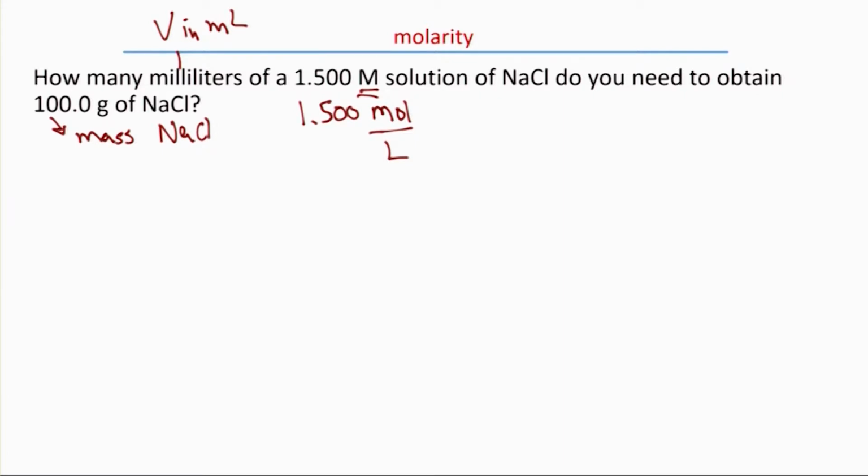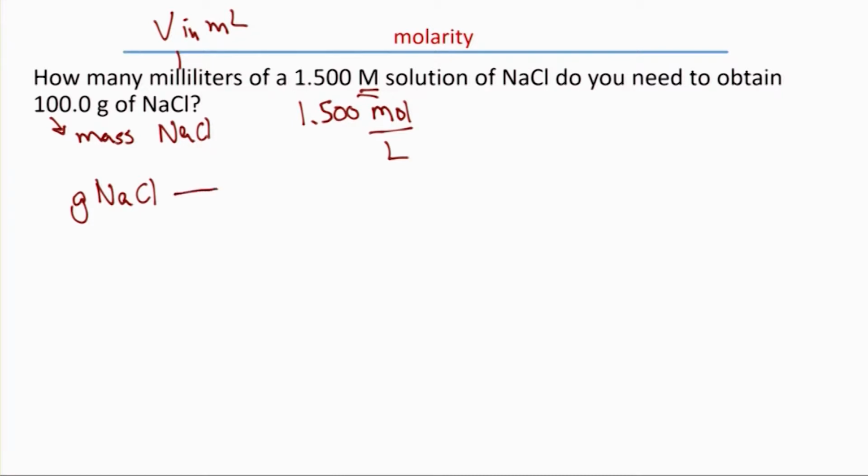I would usually say you want to look at your units. I would start with the thing with 1 unit and use the thing with 2 units as one of your conversion factors. So use the concentration to go between moles and liters. All right, so if we're starting with 100, oops, I'm going to actually just write grams. We're going to start with grams of NaCl. I don't want to get ahead and put in numbers. I want to get our game plan first.